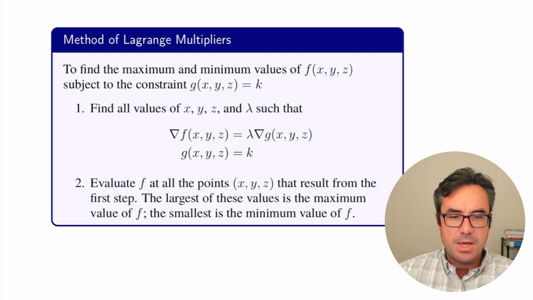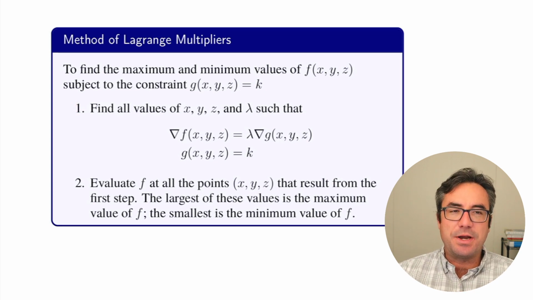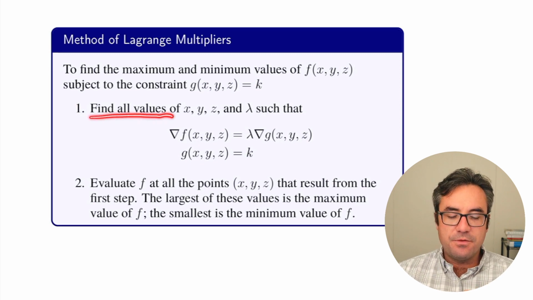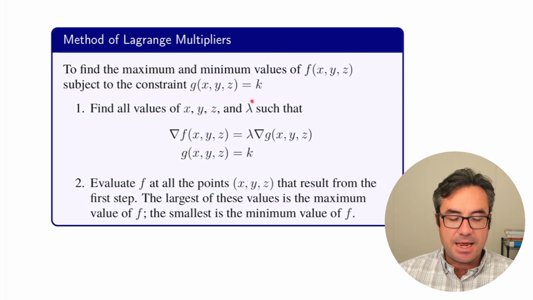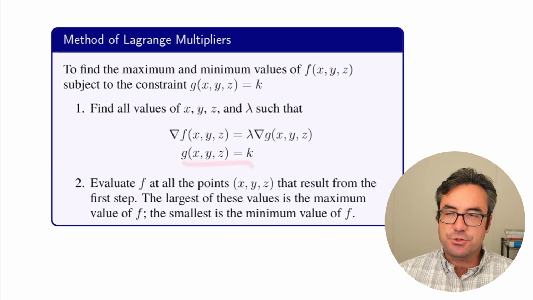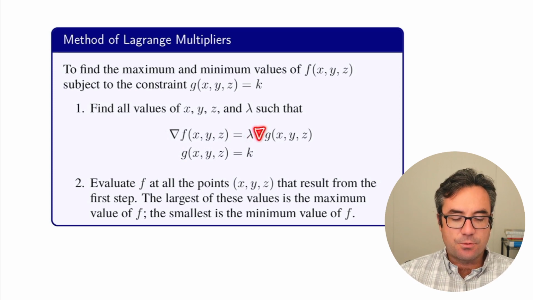There are going to be two equations floating around here that we're going to work with. Call it step 1 here, but this is going to take some work. We're going to find all of the values for x, y, z, and lambda such that this equation is true and this equation is true. So the gradient of function f is equal to some constant lambda times the gradient of function g.